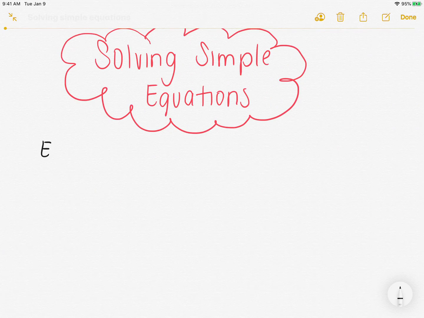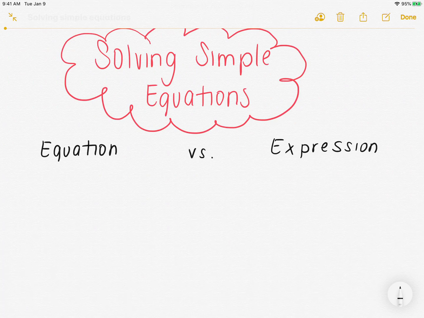Do you remember the difference between an equation and an expression? Yep. An equation has an equal sign and an expression has no equal sign.